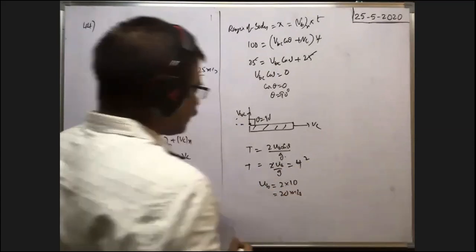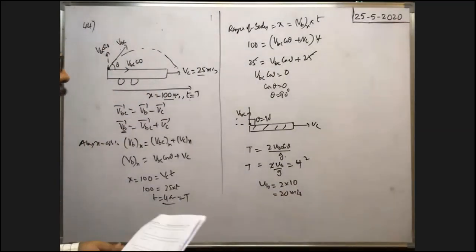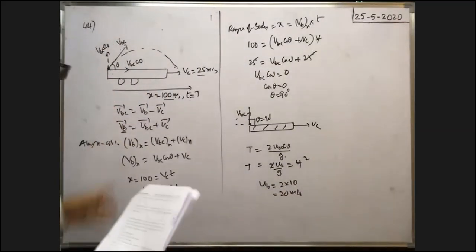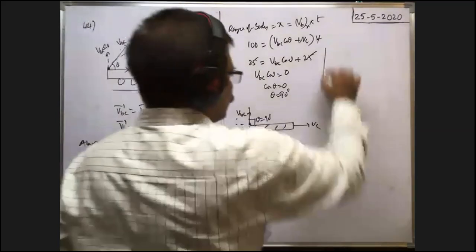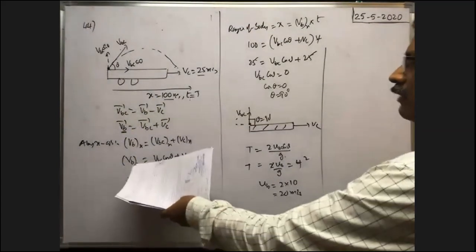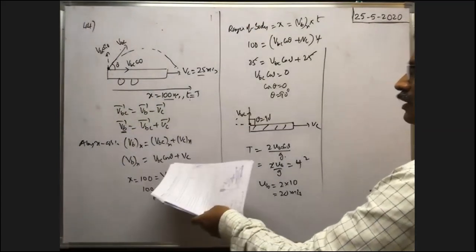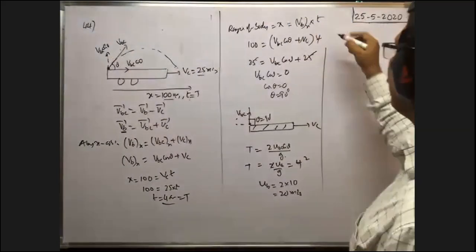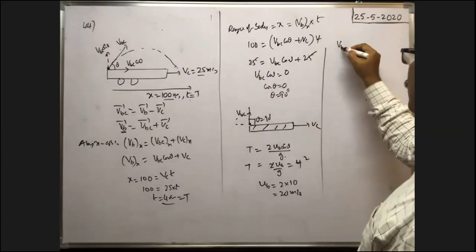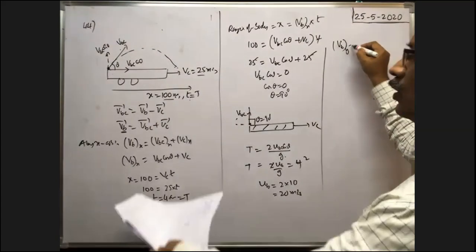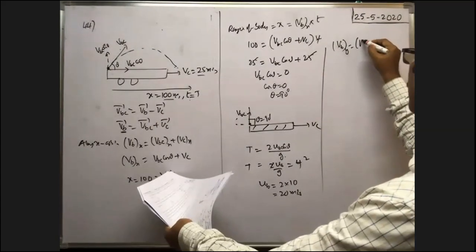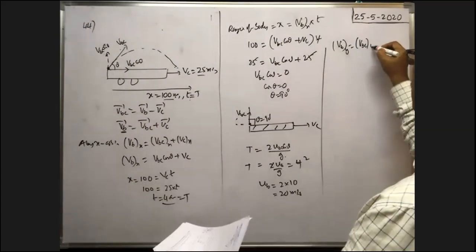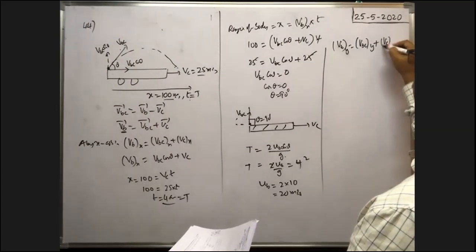So velocity of the body is equal to 20 meter per second. With that velocity, he has to project. Along x-axis, we already know the velocity of the body. Similarly, for the velocity with which it is projected upwards, velocity of the body along y-axis is equal to velocity of the body with respect to car along y-axis plus velocity of the car along y-axis.